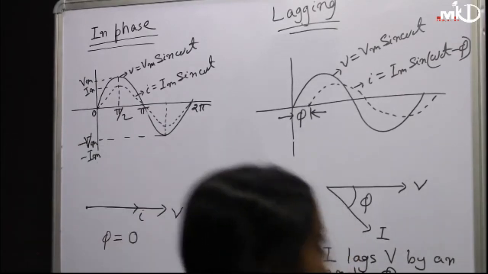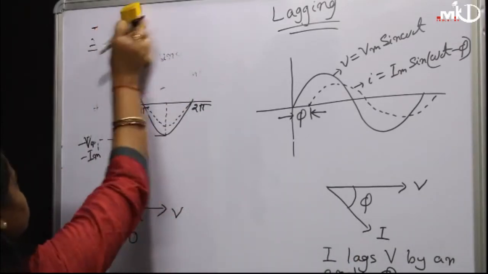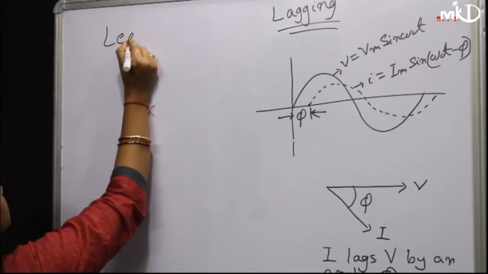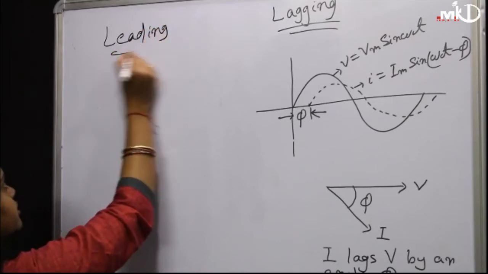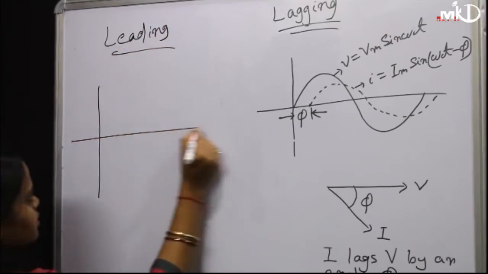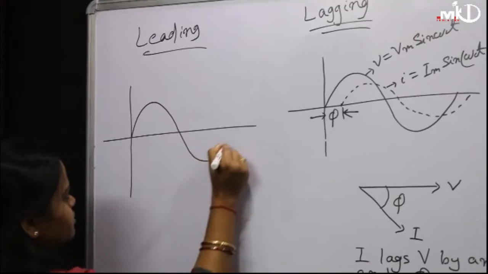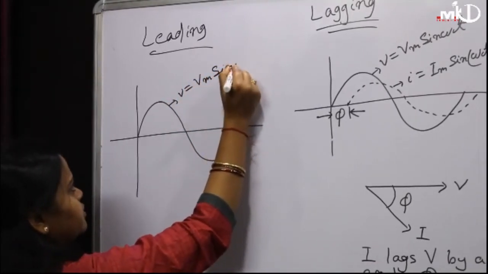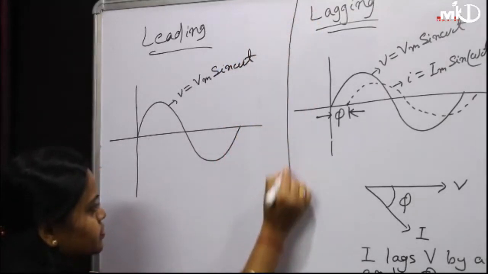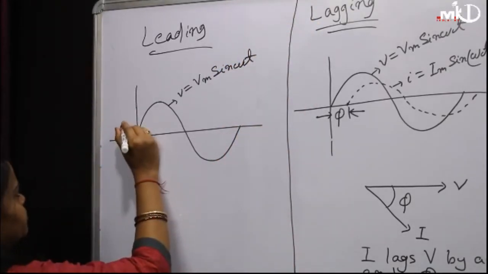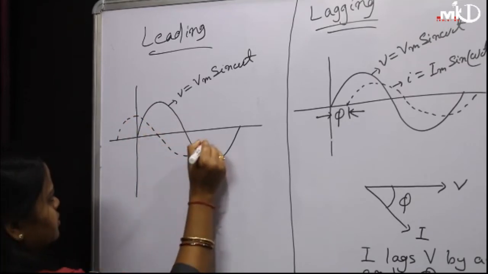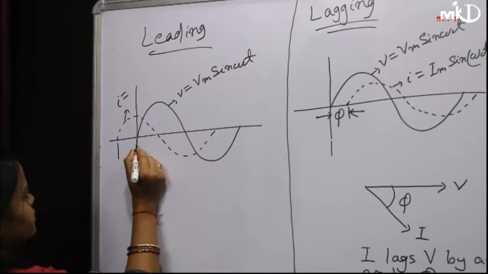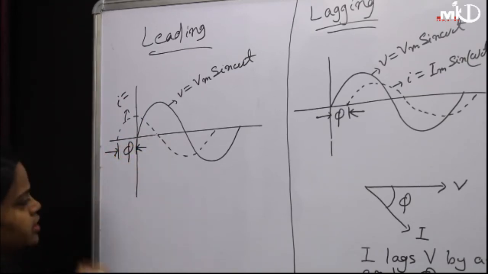Then the concept of leading, which is just the reverse of lagging. In the leading case, we again take voltage as the reference, which is a sine wave, V equal to Vm sin omega t. And suppose I starts here. This is the waveform for I, and this difference is phi in this case.